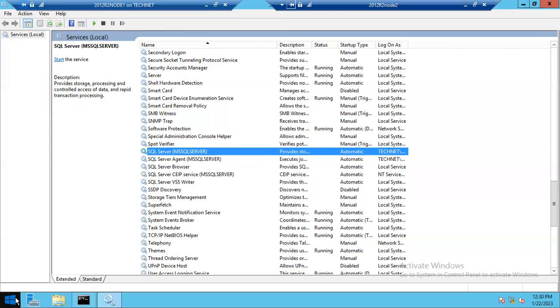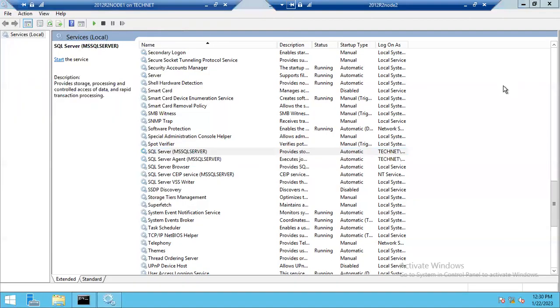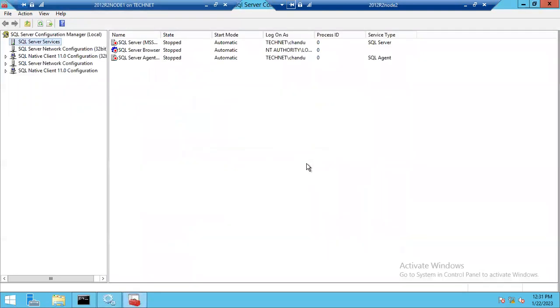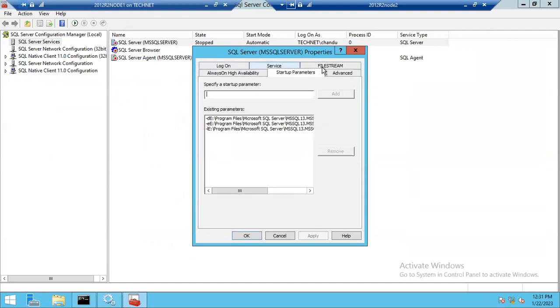How do we identify the SQL error log location? You will have to go to SQL Server Configuration Manager, go to the properties of the SQL Server service, and you have something called startup parameters. If you see the error log's -e parameter, this is where you can find the SQL error log location.